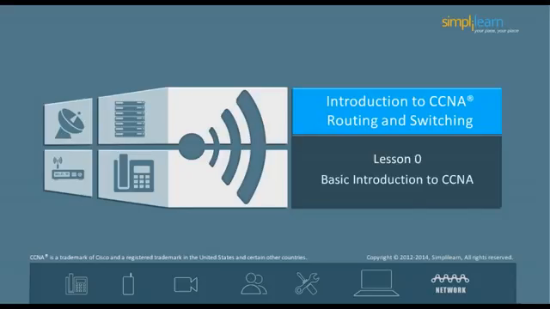Hello, and welcome to the CCNA Routing and Switching course offered by Simplilearn. This introductory lesson will give us a brief account of the CCNA Routing and Switching course and its objectives. Cisco Certified Network Associate, abbreviated as CCNA, is a certification from Cisco.